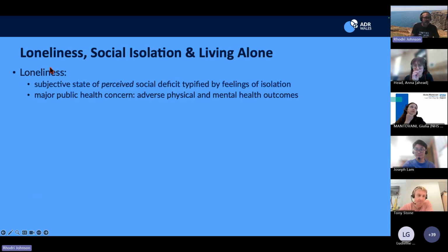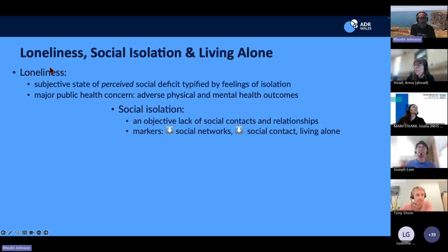Loneliness is a subjective state, perceived social deficit typified by feelings of isolation. It's a major public health concern with a multitude of physical and mental health adverse outcomes. Many things you could mention. Social isolation is an objective lack of social contacts and relationships.